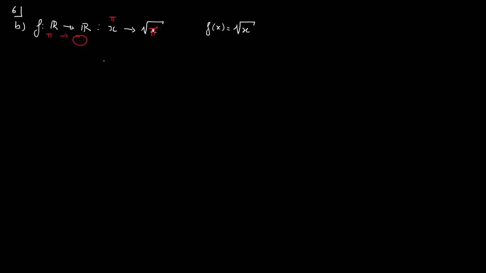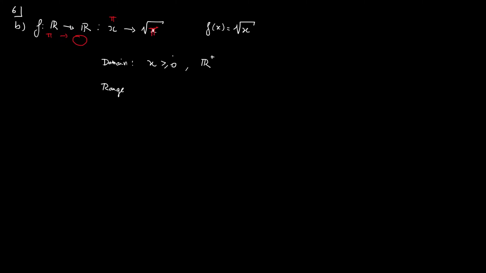Okay, so let's consider the domain. We just have a square root over here, meaning that we cannot allow for negative numbers underneath that square root, meaning that x needs to be greater or equal to 0. Another way of writing it is saying we want all the real numbers, but only the positive ones. Then let's have a look at our range.